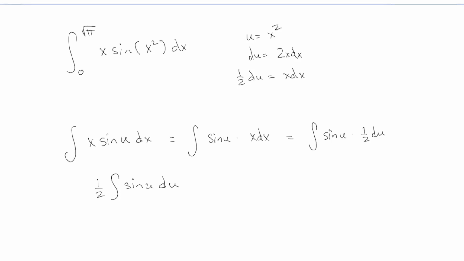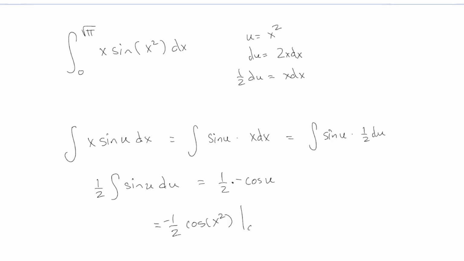And then we do the integral of the sine of u. So this is 1/2 times the integral, which is negative, so minus cosine of u. I was about to write the plus c, but actually we have numbers to plug in. Remember, you should not plug those numbers in at this point. They are values of x, not u. So before plugging the numbers in, I have to replace the original variable x. I'm going to write minus 1/2 cosine of x squared.